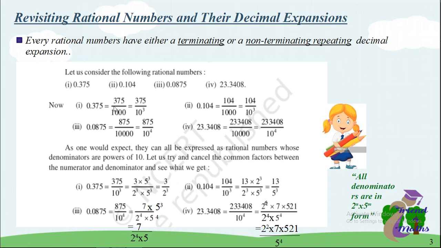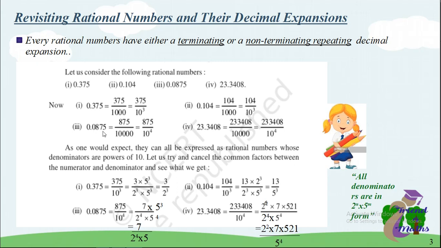When taking it as a power of 10 we get 10 cube in the denominator. And next is 0.104, which is equal to 104 divided by 1000. Here also there are 3 numbers after the point, so we take 1000 as the denominator, that is 10 cube.